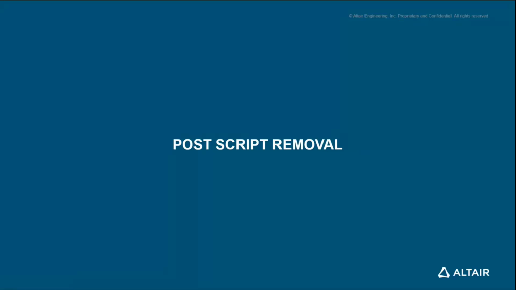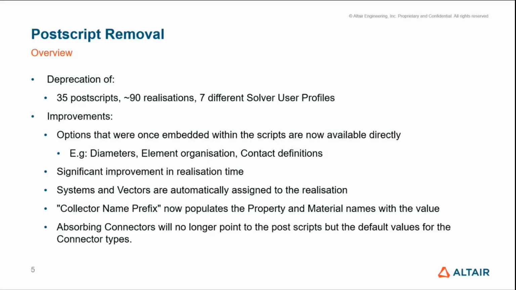The next thing that we've been busily working our way through is the PostScript removal project. This has been a long-standing, almost 1.5-year project from everybody, where we've been really focused on working out from a legacy perspective what all of our internal PostScripts on all of our realizations were doing, categorizing those, and then working through the process of creating general infrastructure to allow us to turn these off.